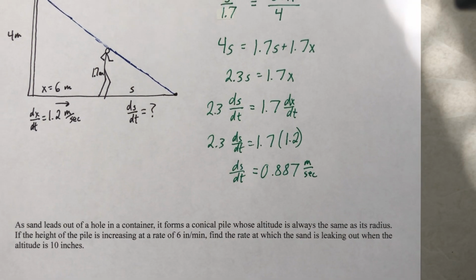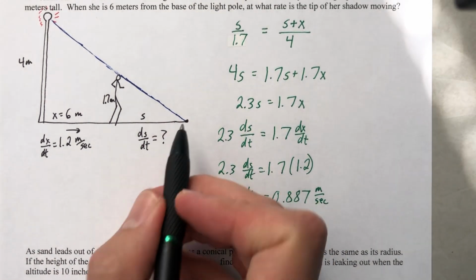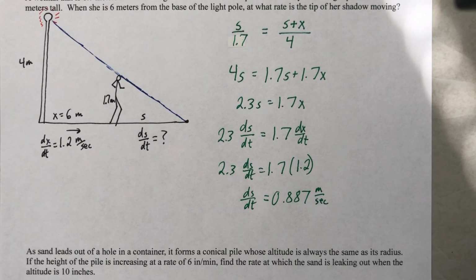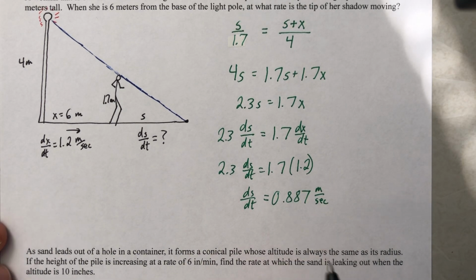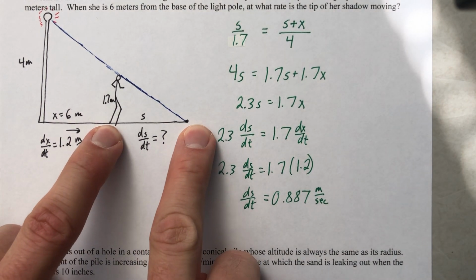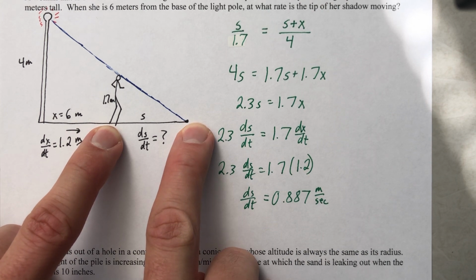Okay, is that the speed at which the tip of her shadow is moving? No, it is not. That is the speed at which her shadow is increasing in length at that moment.